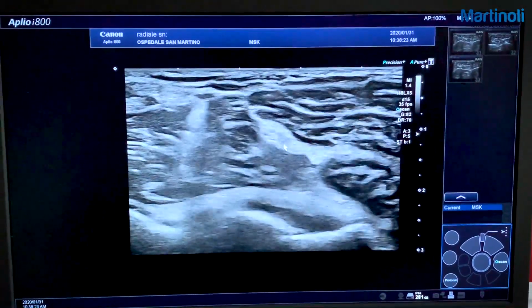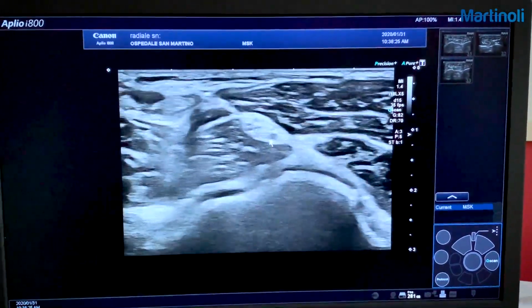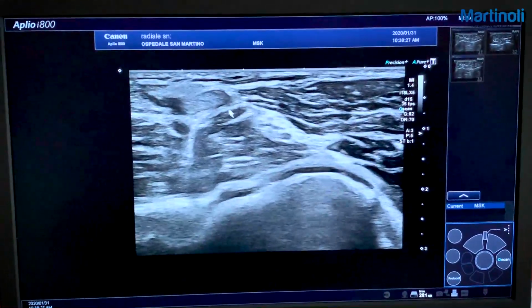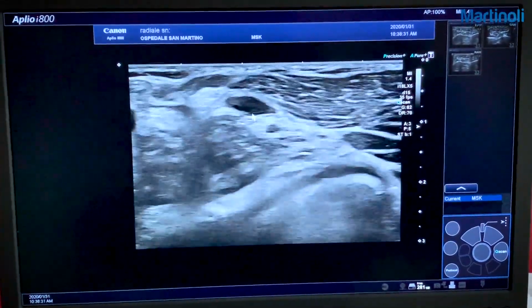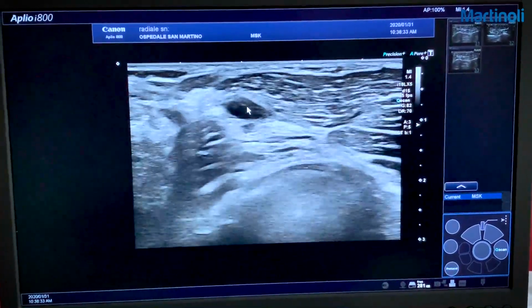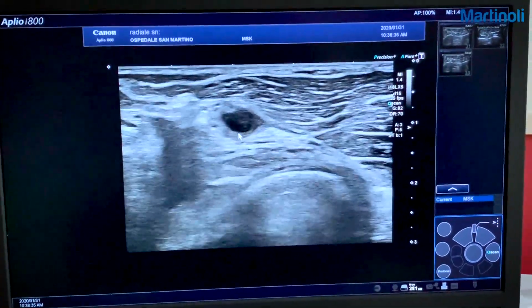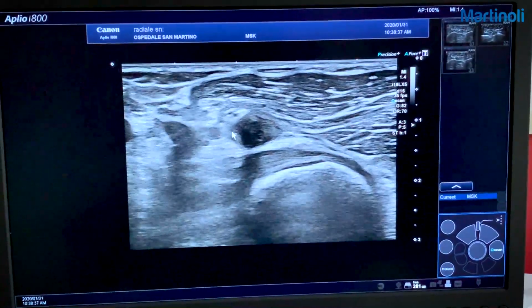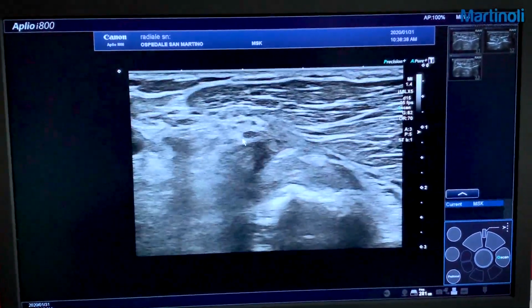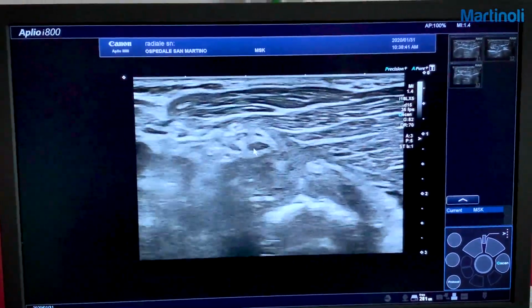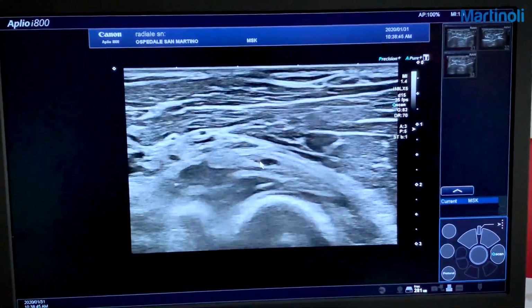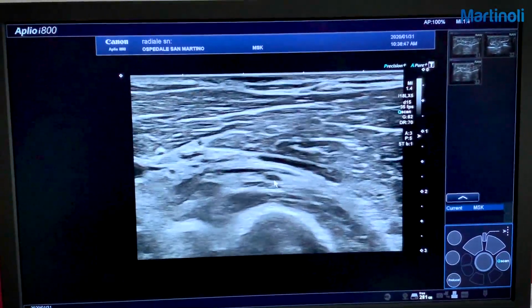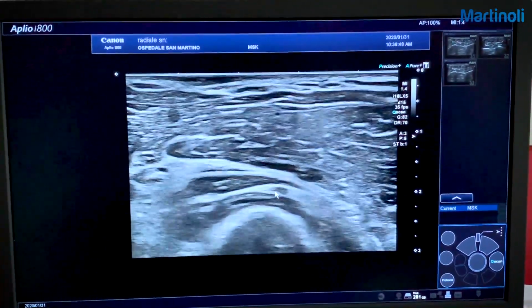Following the posterior interosseous nerve, we see that this nerve passes underneath the short head here, redirected laterally. Then it curves around the short head. It becomes superficial again, and then it moves down to reach the level of the arcade of Frohse, and finally it enters the supinator tunnel.